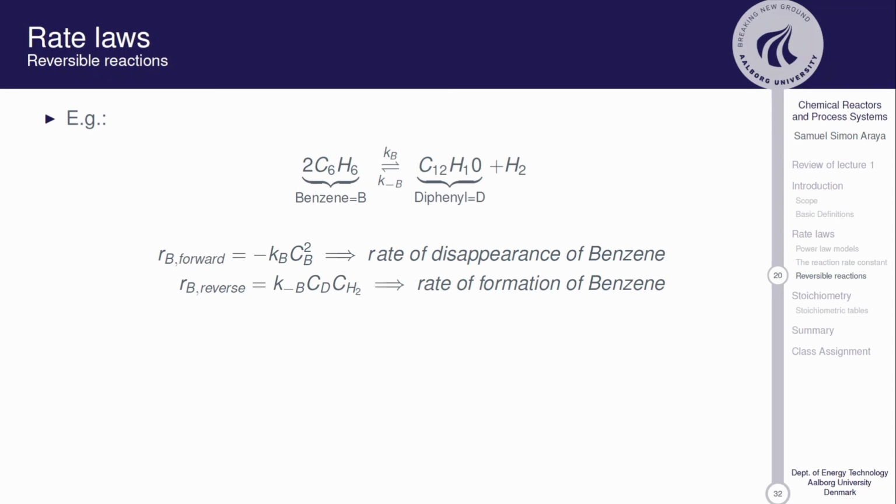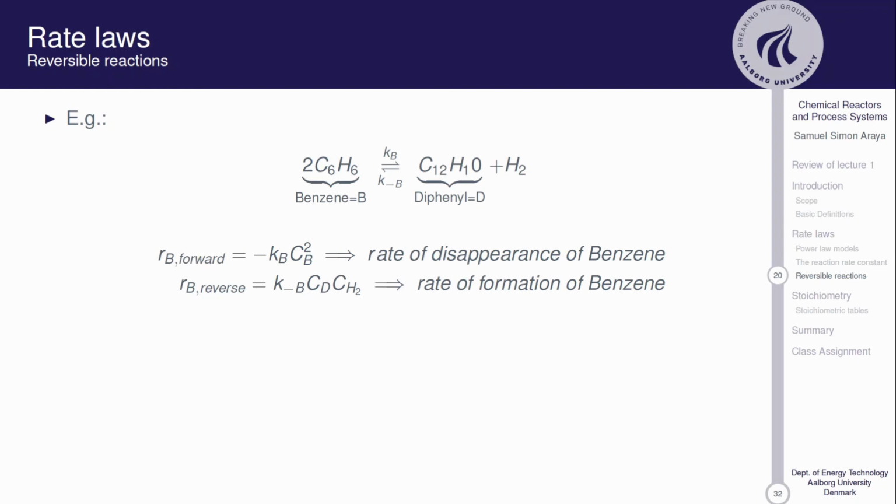And the reverse rate of B will be K minus B, the rate constant backward, times the concentrations of the reactants in this case, D and H2. And this is the rate of formation of benzene.